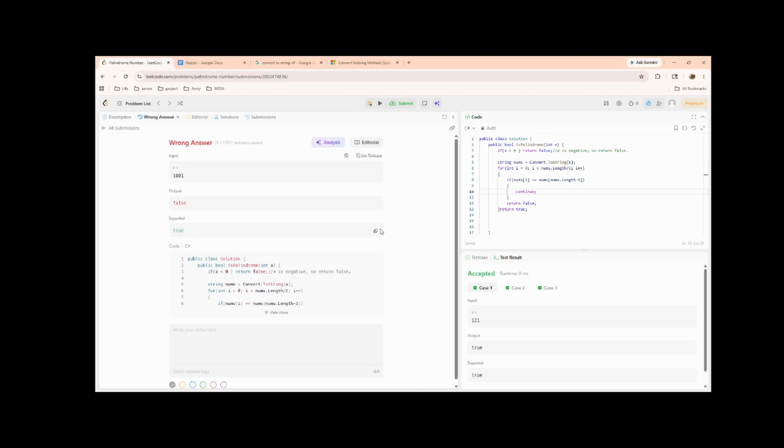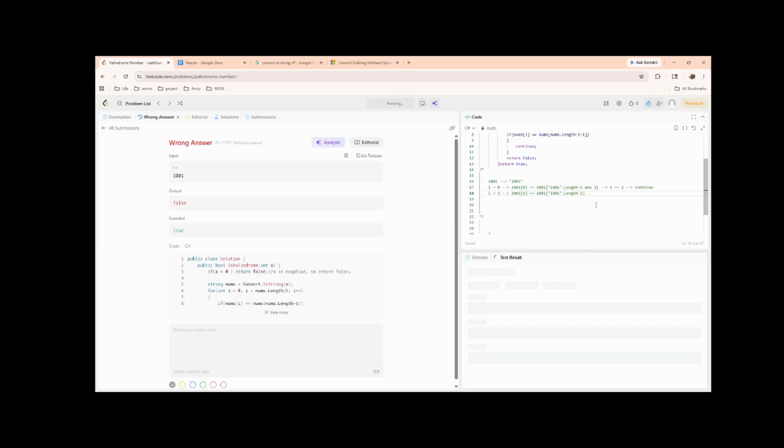Wrong answer. Let me write it out. So, wait. I think it's length minus 1 minus i. I'm pretty sure that will solve it.